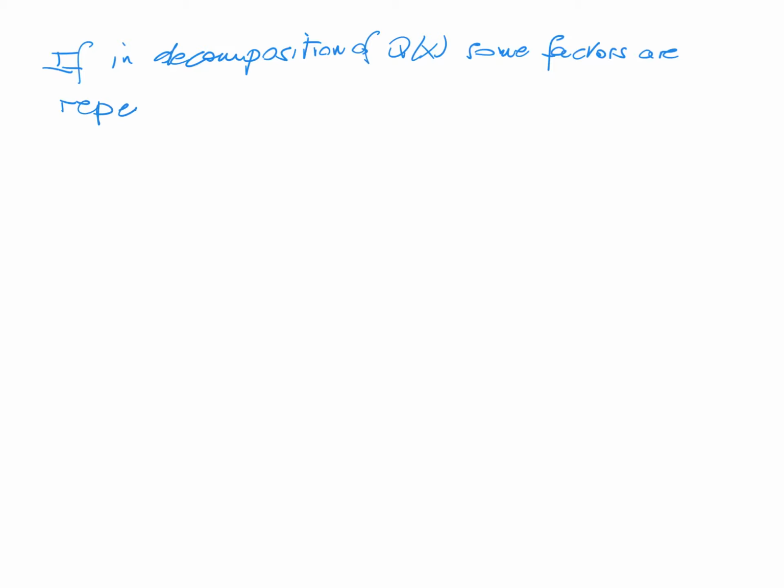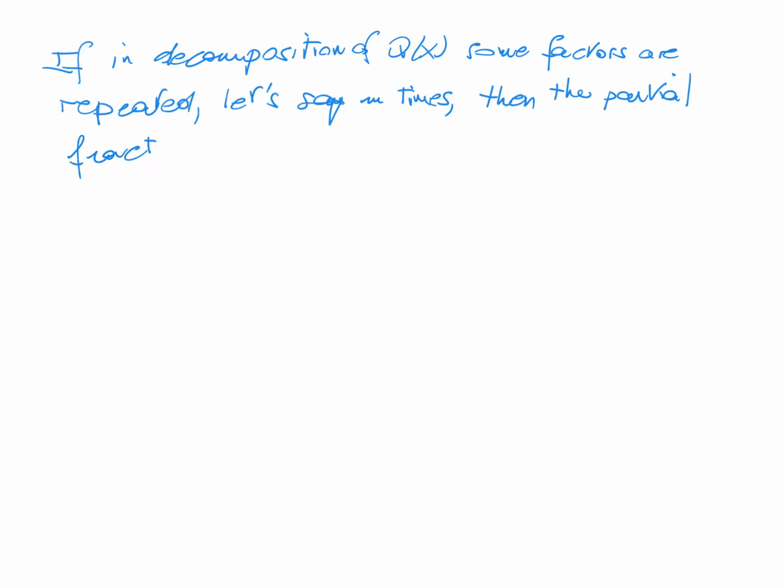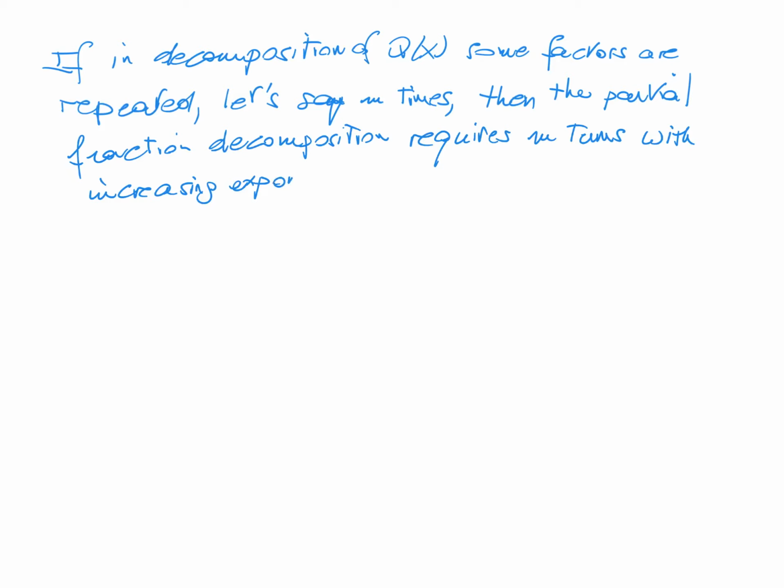So if in the decomposition of Q some factors are repeated, let's say m times, then the partial fraction decomposition will require m terms with increasing exponent. So we have exponents going from 1 to m.